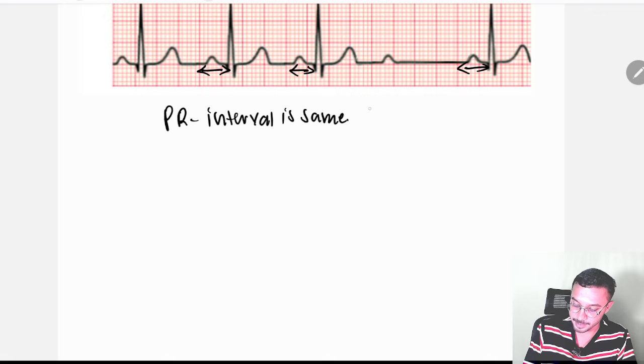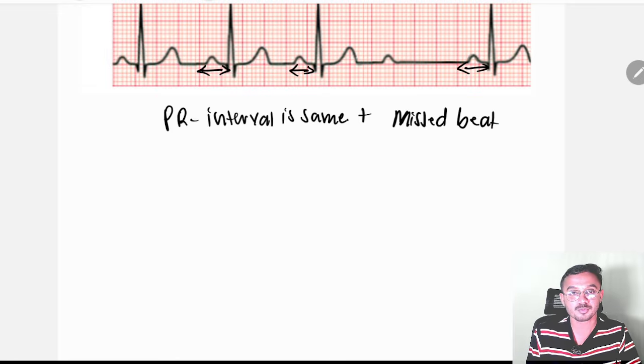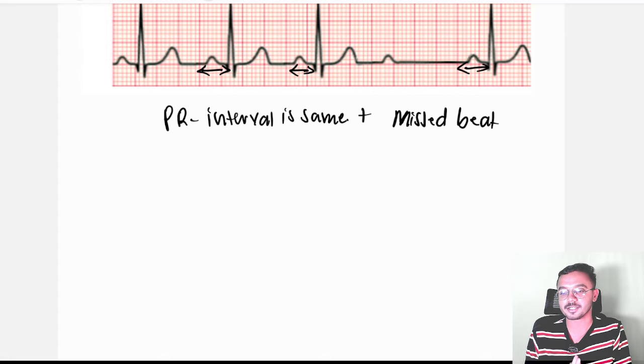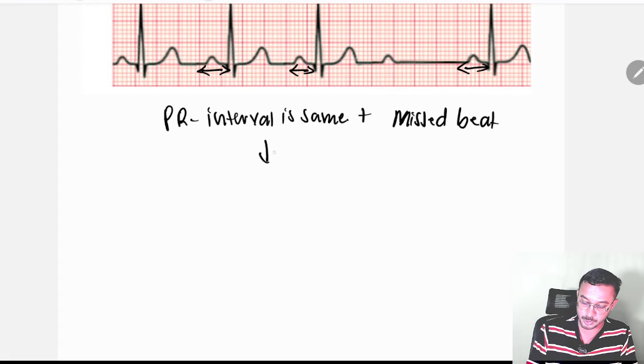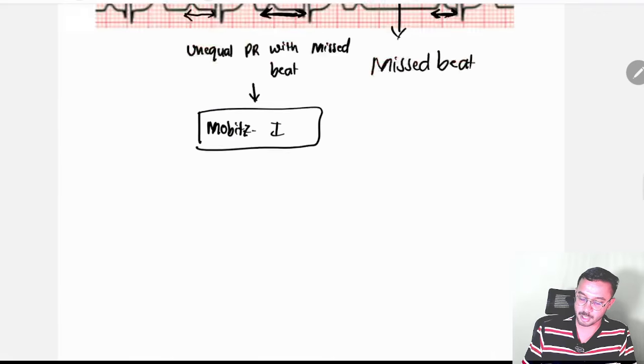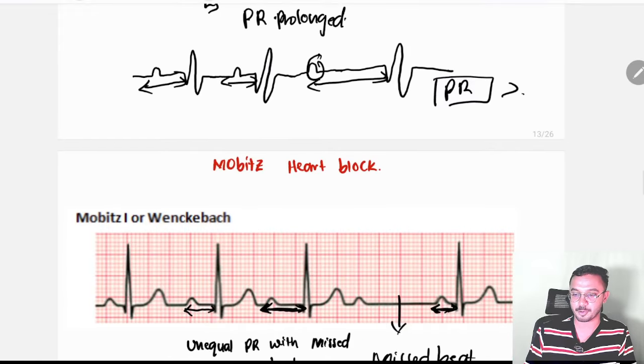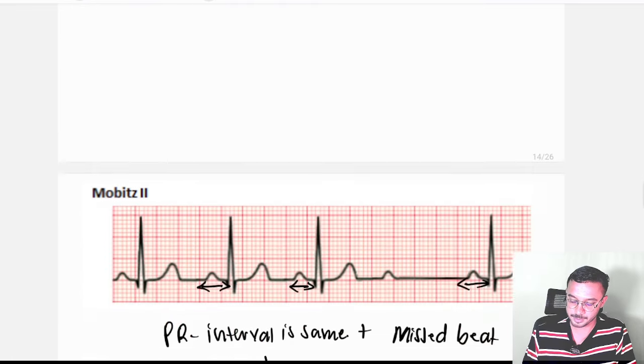The PR interval is the same and a missed beat is present. So based on the missed beat, I cannot differentiate whether it's Mobitz 1 or Mobitz 2. To differentiate, I need to know about the PR interval. If the PR interval is the same, then that is your Mobitz 2.